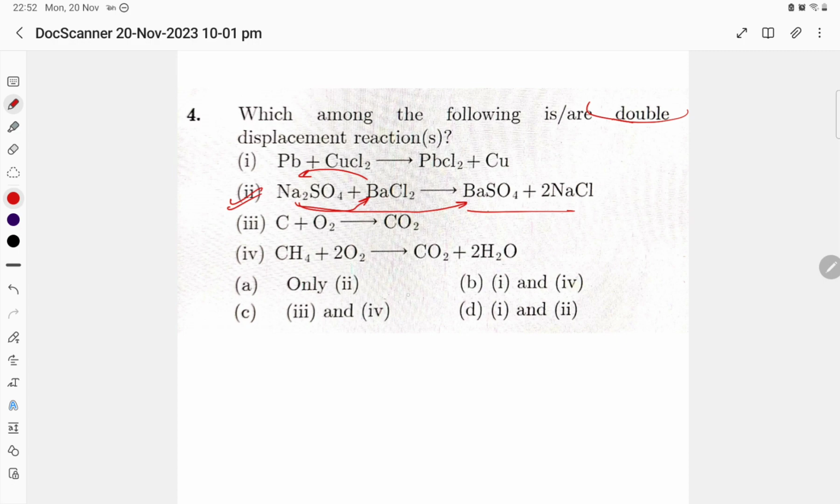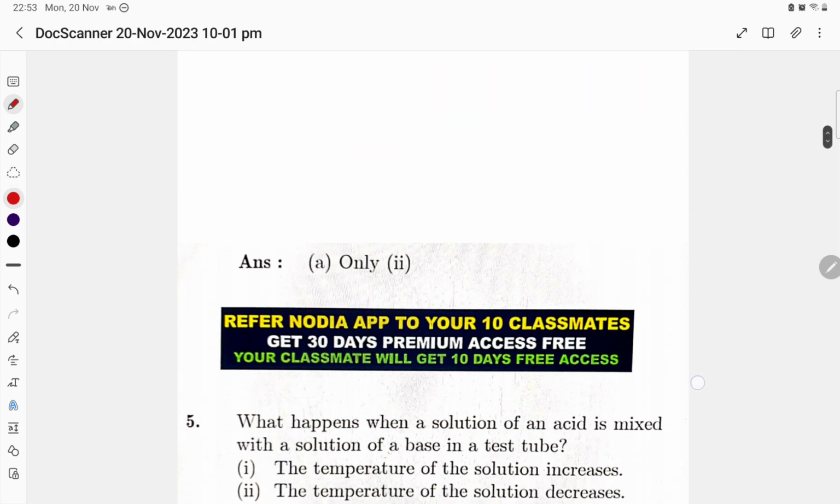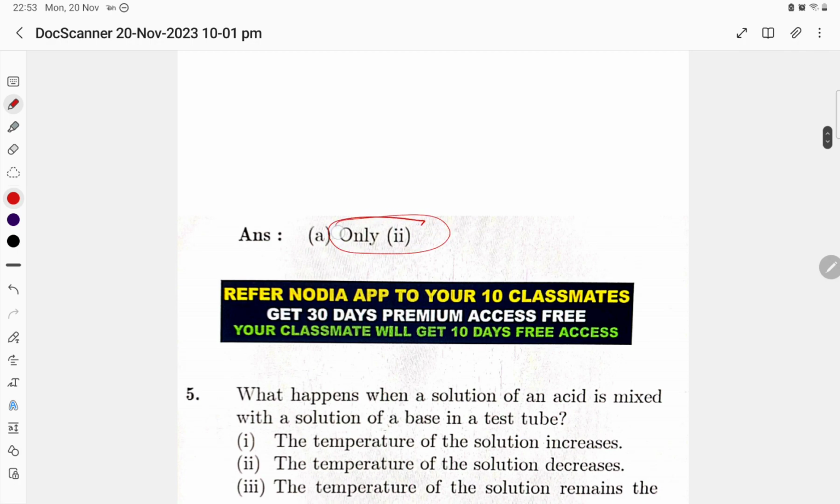Now you see here, Cu2 is forming and 2H2. Double displacement, it should be only the second. Let us check the answer. Option A, only second.